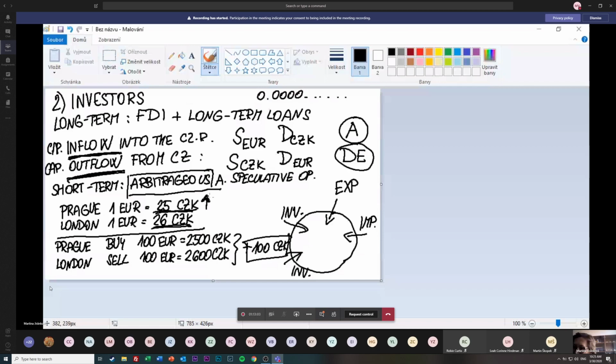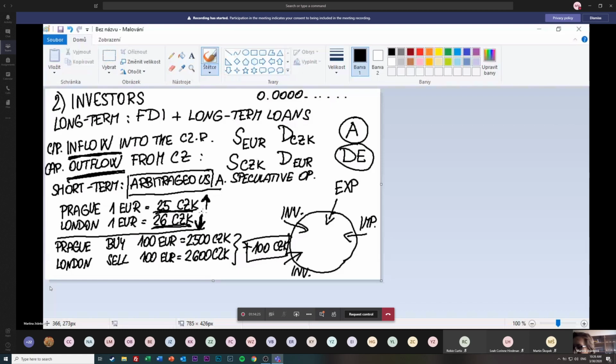Once more. As an investor, I can notice there is a difference in the exchange rate in Prague and in London, and I would like to use it. So I buy 100 euros in Prague, and I want to sell it in London, and I would like to make a profit.